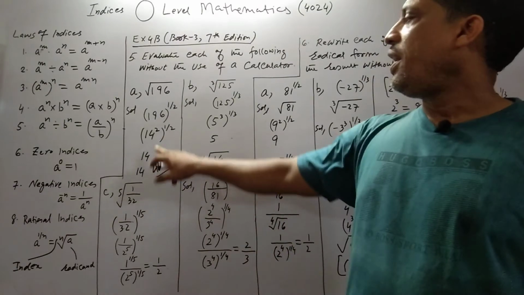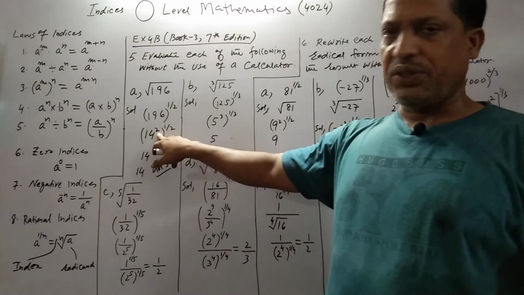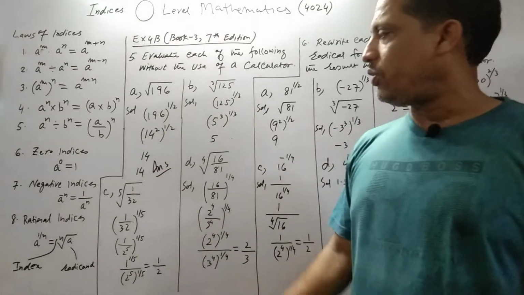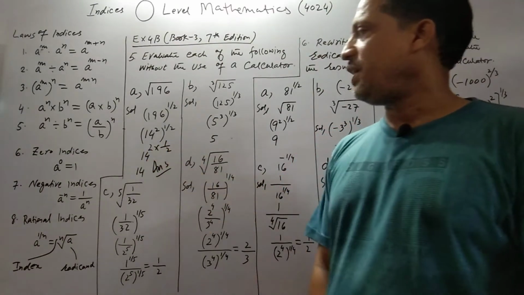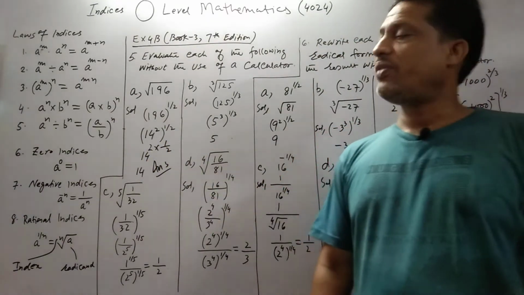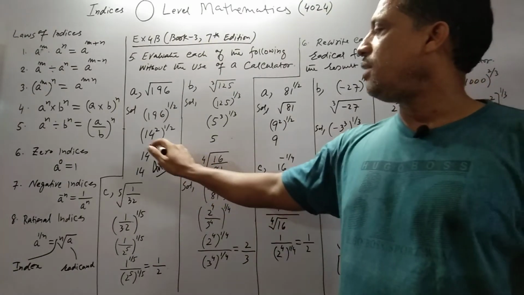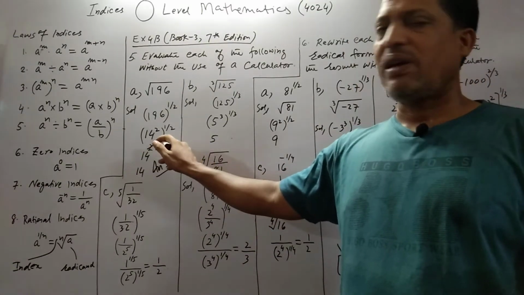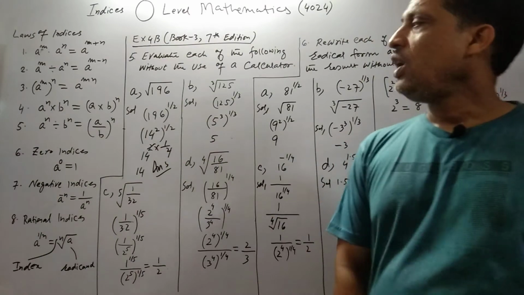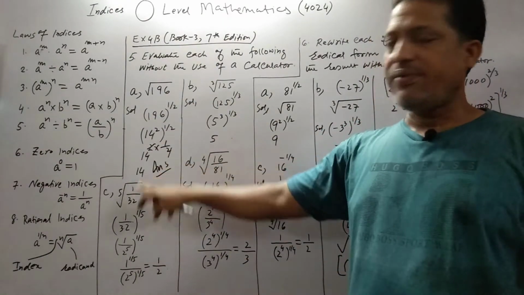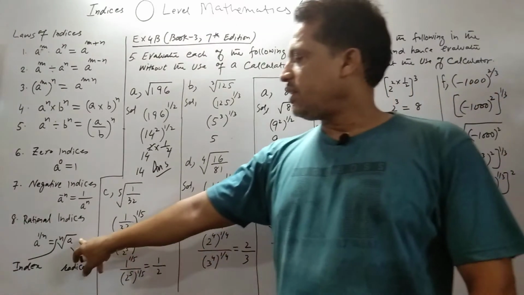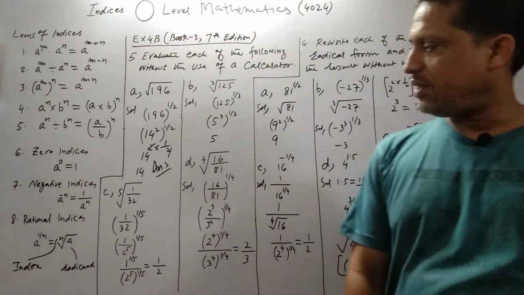Similarly, here 14 to the power 2 and the whole power is 1 upon 2, so power to the power always means multiply. So 2 multiplied by 1 upon 2, this 2 is cancelled by this 2, leaving 14 to the power 1, that is 14. So the final answer for the square root of 196 is 14 by using this law, rational indices.